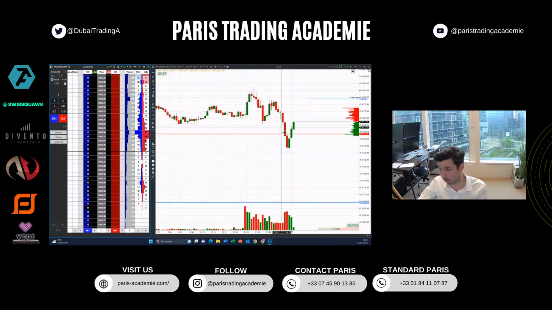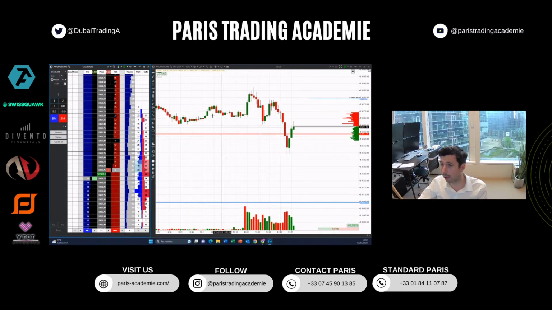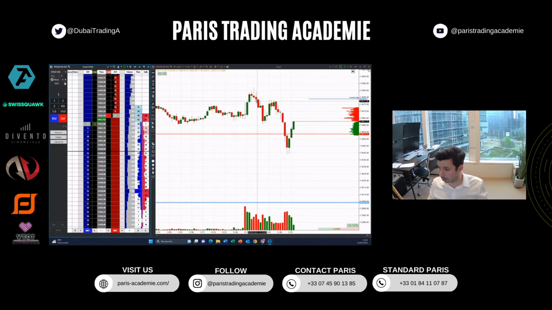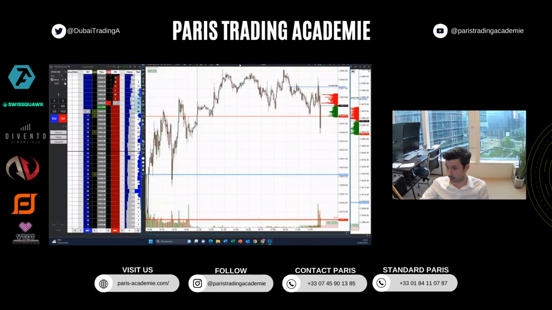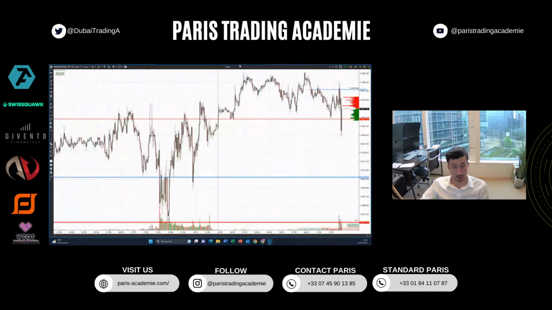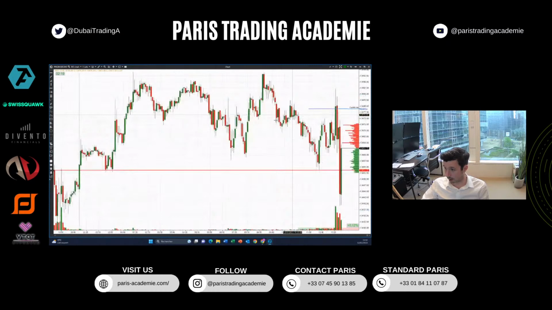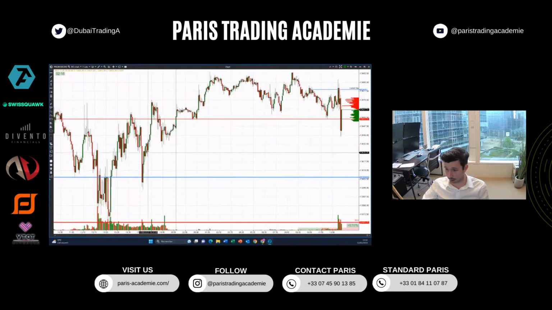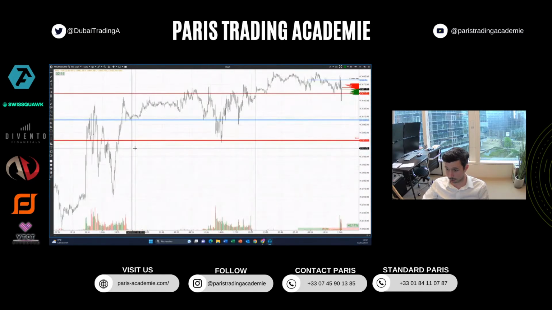Okay, so this is a V-shape. It's a common move, very commonly made by algorithms. If you look on the 5 minutes that we see here, we can see that there's been, now this is something else, but this is a V-shape.